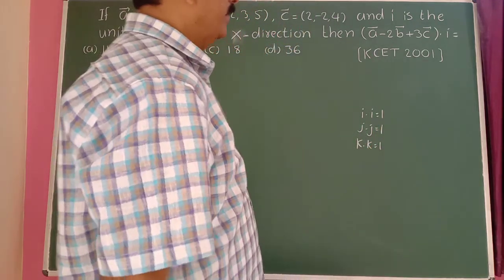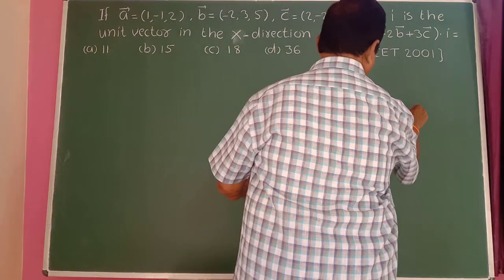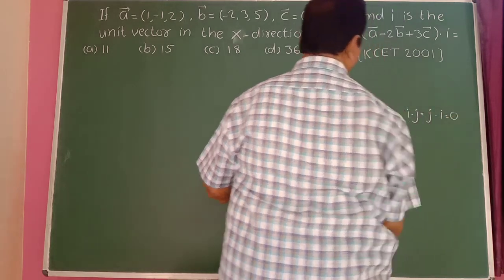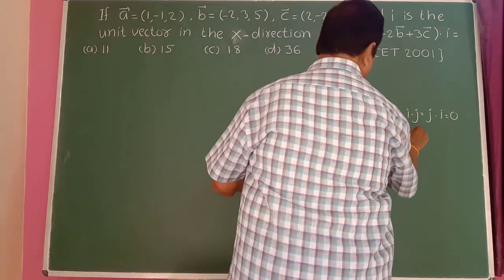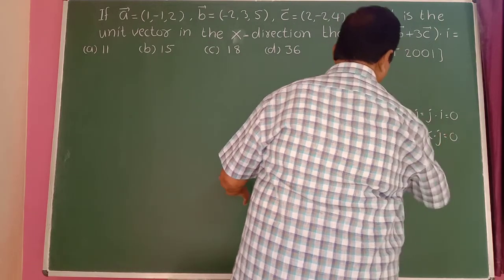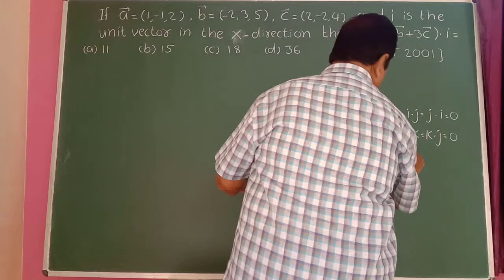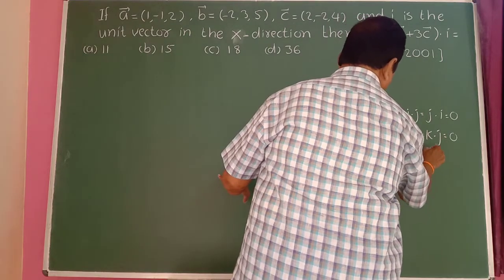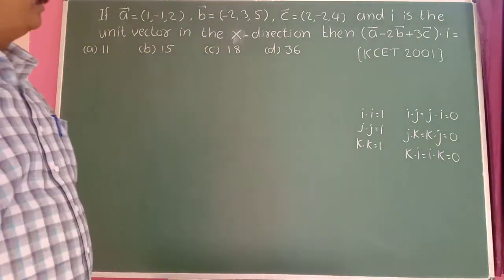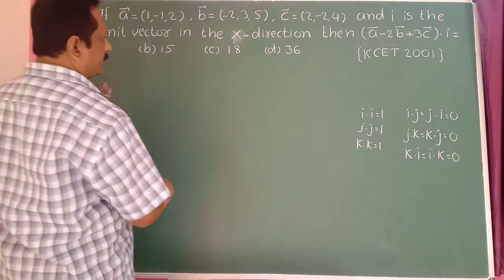And i dot j is equal to j dot i is equal to 0. Then j dot k is equal to k dot j is equal to 0. Then k dot i is equal to i dot k is equal to 0. Therefore we are using this property here.